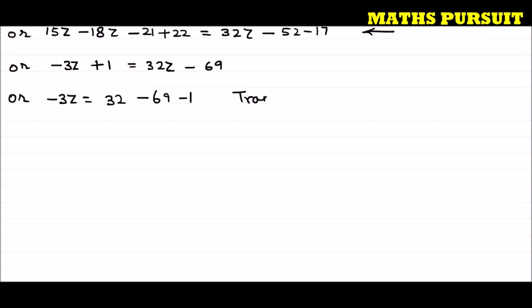I am just transposing plus 1 from the left hand side to the right hand side. Why am I moving it? I am trying to get to the left side of the equation all the variables having z, and to the right side of the equation all the numbers without any variables. So for that reason I am moving these things.